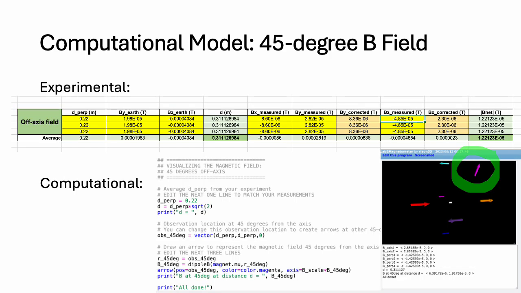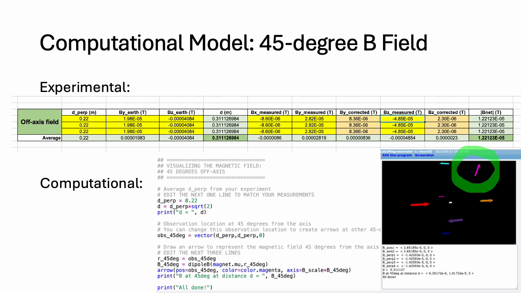To find the 45-degree axis arrow experimentally, we first found a d distance which corresponded to around 100 microteslas, and that d distance perpendicular on the hypotenuse would be 0.311 meters, where the total magnitude of that magnetic field was around 1.22 times 10 to the negative 5.